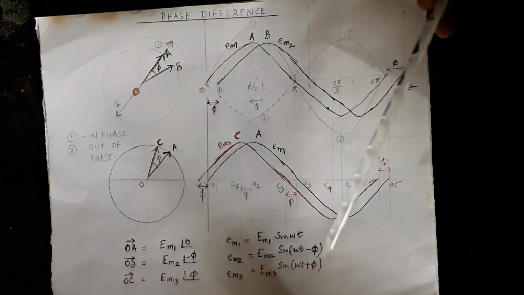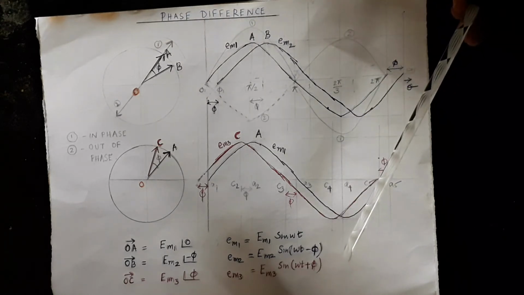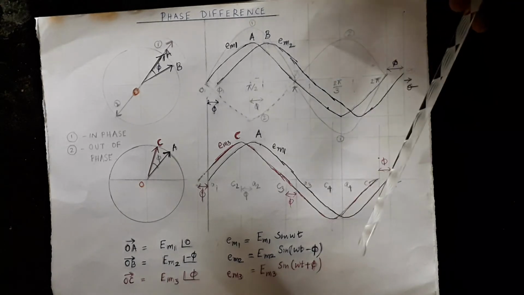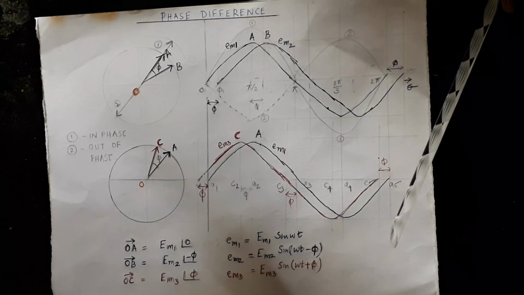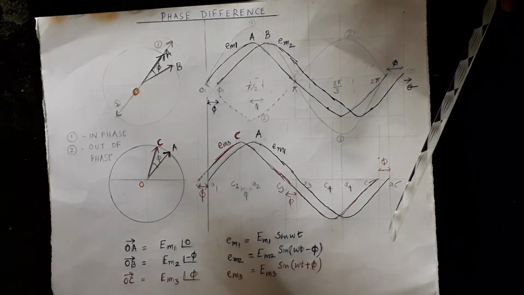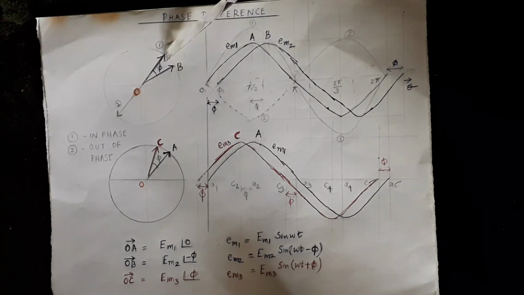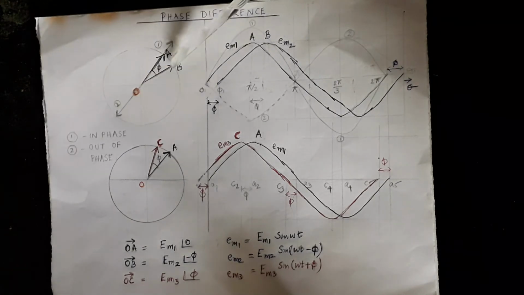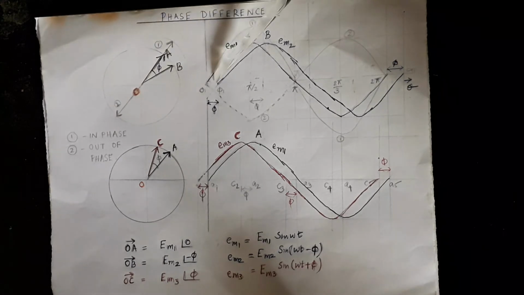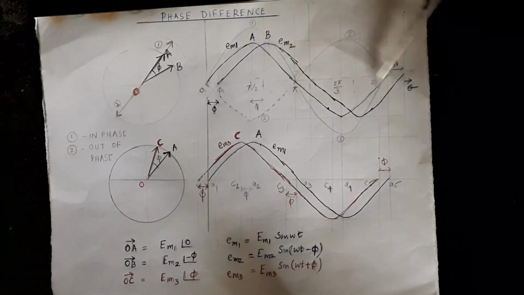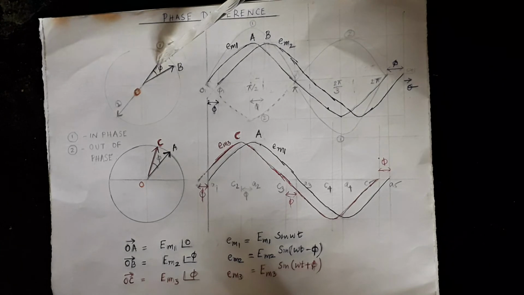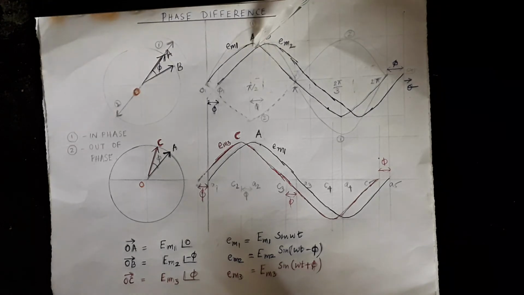This is what is said to be the phase difference of two alternating quantities. Now we will see how to do a problem with the help of phasors. Phasors are vectors which rotate. They complete one rotation when the sinusoidal quantity completes one cycle. They have a magnitude equal to the maximum value of the sinusoidal quantity.